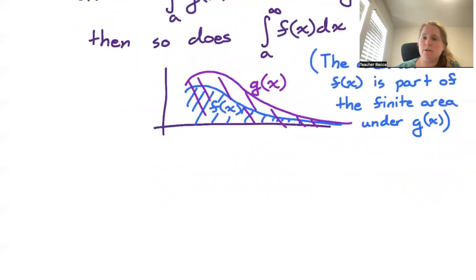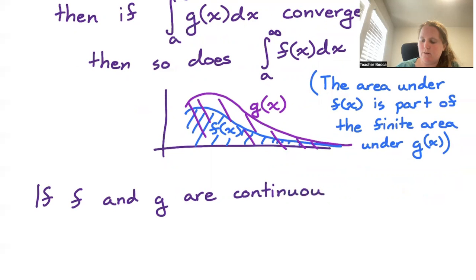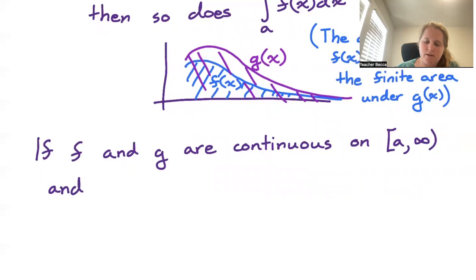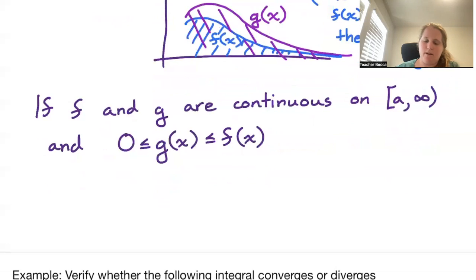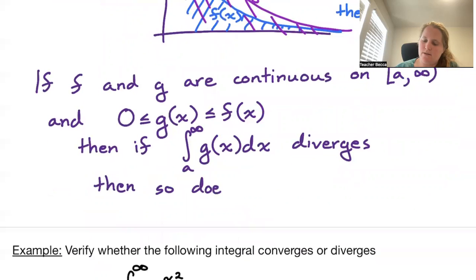Similarly, we can do a similar trick for divergence. So on another note, if f and g are continuous on a to infinity, a is included, and if 0 is less than or equal to g of x is less than or equal to f of x, then if the integral from a to infinity of g of x dx diverges, then so does the integral from a to infinity of f of x dx.